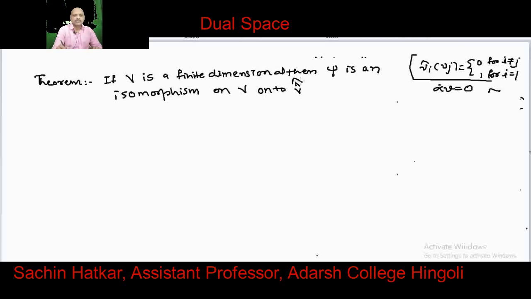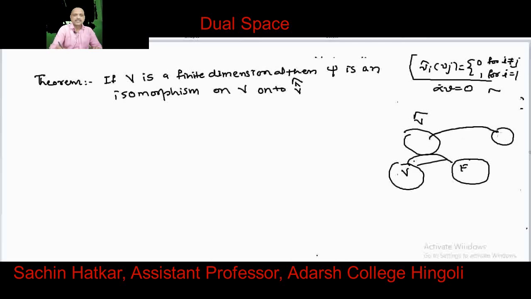Psi is an isomorphism. This is the set V, this is F, and this is the set of V cap, and here we get the set of V double cap. We have to show that V and V double cap are isomorphic, and we have defined this mapping from V to V double cap. This is our target of this lemma.